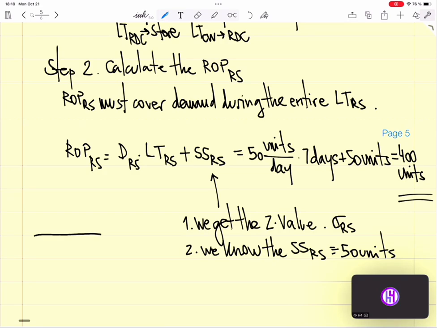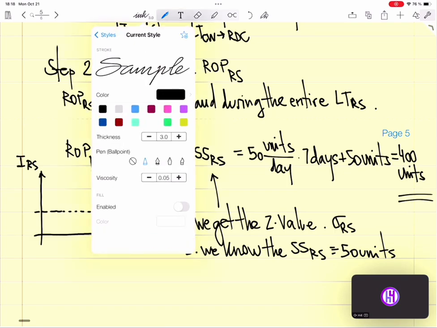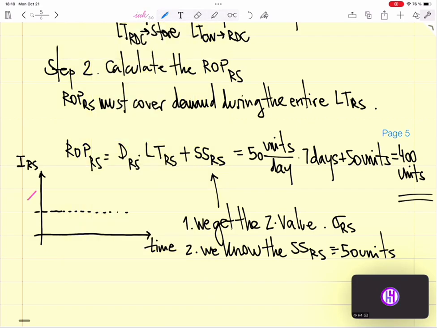So if this is time, and this is the inventory level, remember that triangle above on the retail store? Whenever your inventory goes down and hits 400, this is the reorder point for the RS.